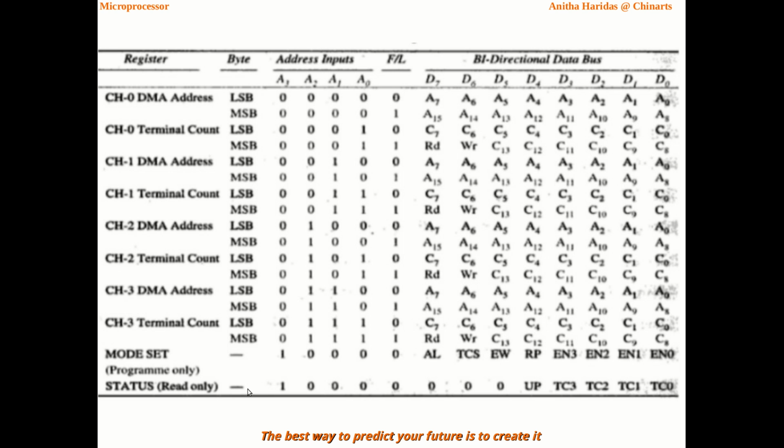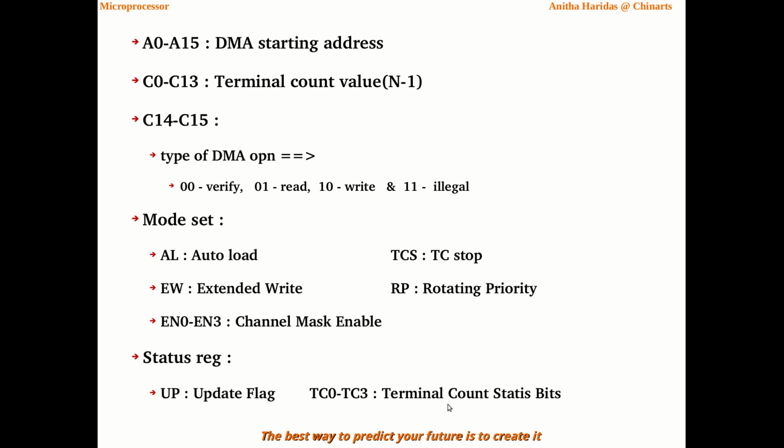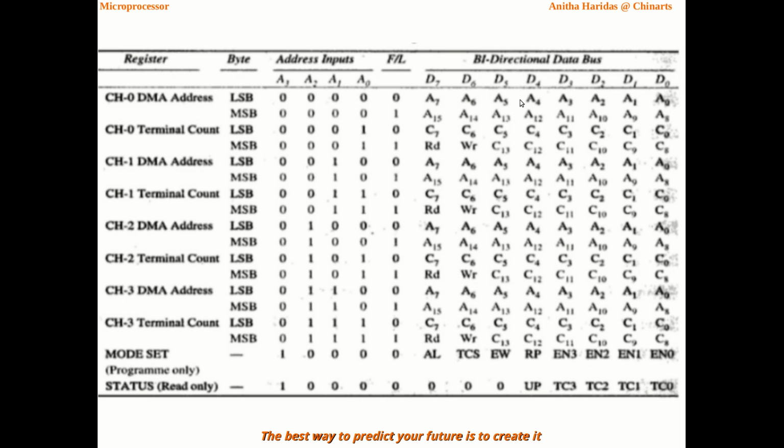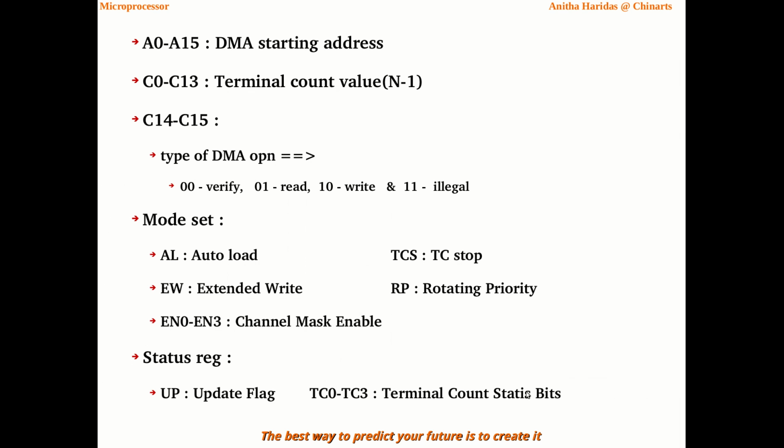The same way, the status register is going to use D0 to D4. D0 to D3 are used for the TC values, which are the terminal count status bits. Then the D4 line will be used for the update flag.